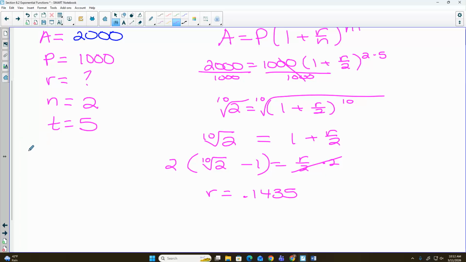So we get 0.1435 or 14.35%. Any questions there?